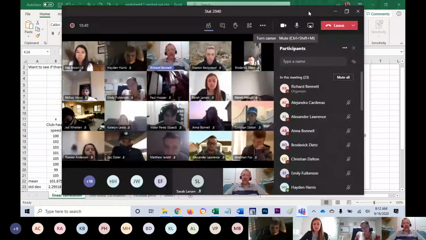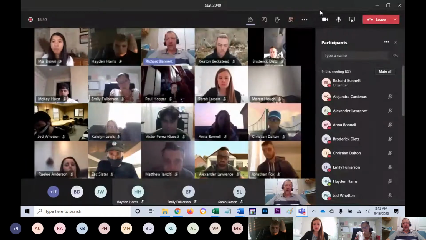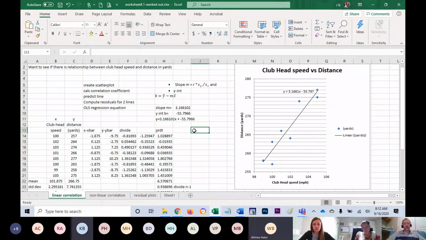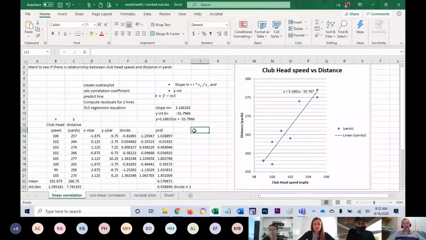According to this equation here, how far would the ball go if I hit the ball 0 miles per hour? Would it be negative 55? Yeah, it would go backwards almost 56 yards, right?